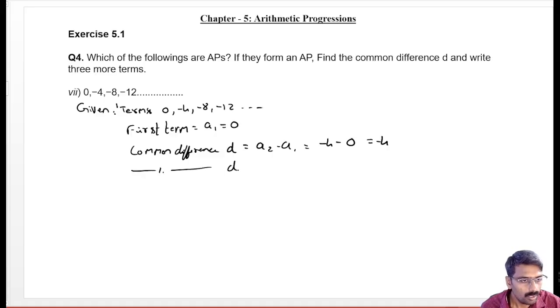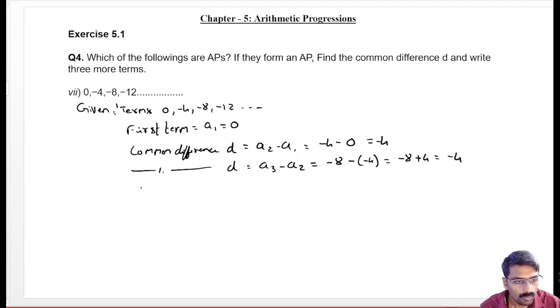Similarly, the D with A3 minus A2 is equal to minus 8 minus of minus 4, that would be equal to minus 8 plus 4, which is equal to minus 4.